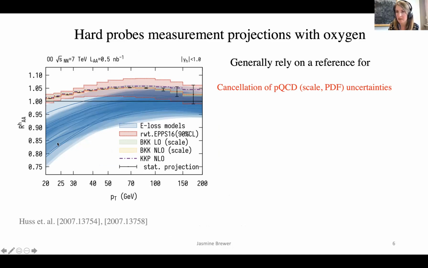Maybe this band is wider than necessary, but they found, depending on the confidence intervals that you take on this band, maybe 5% effects or something at low pT in hadrons, if you really want to rule out the possibility of any of these models.